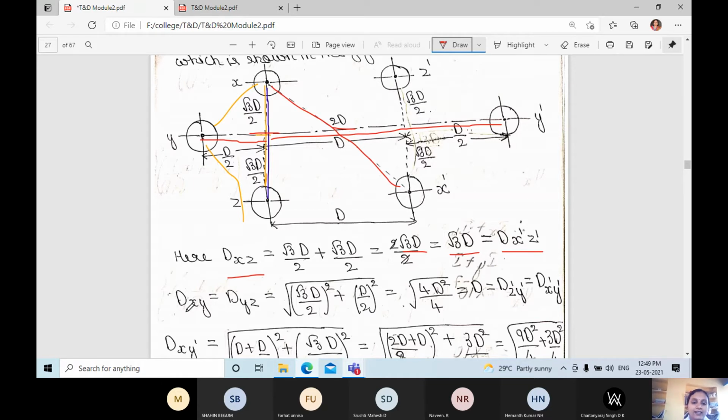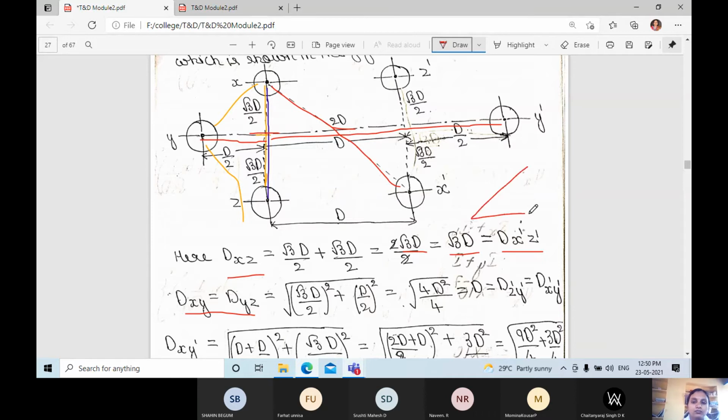Next, dxy and dyz. We don't know the distance between them. It is square root of square root of 3 into d divided by 2 whole square plus d divided by 2 whole square. How to find this out?